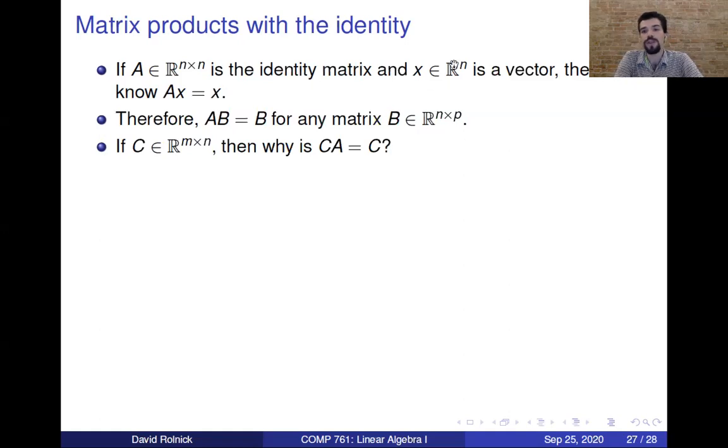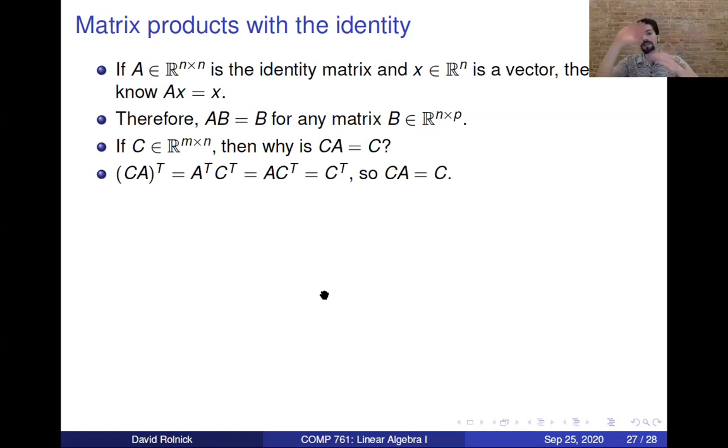Yeah, we can just use the transpose. So by the transpose formula we had, (CA)^T is equal to A^T C^T. And that's equal to A C^T because A is the identity matrix, and the identity matrix is the same as its transpose. And so that's equal to C^T, so CA equals C.